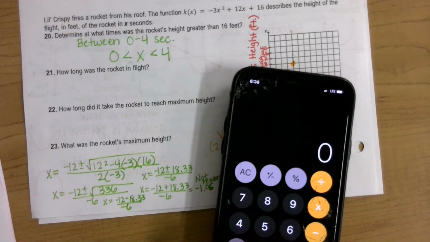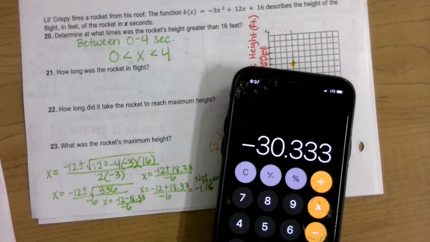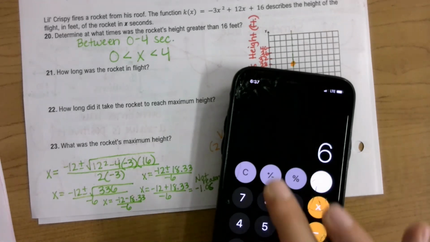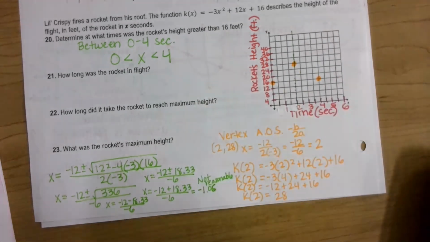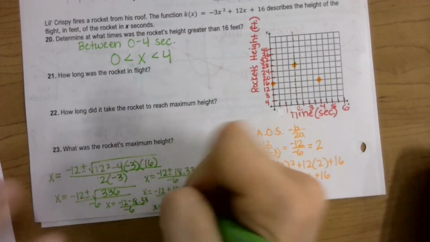So negative 12 minus 18.33 divided by negative 6, 5.055. x equals 5.06 about.